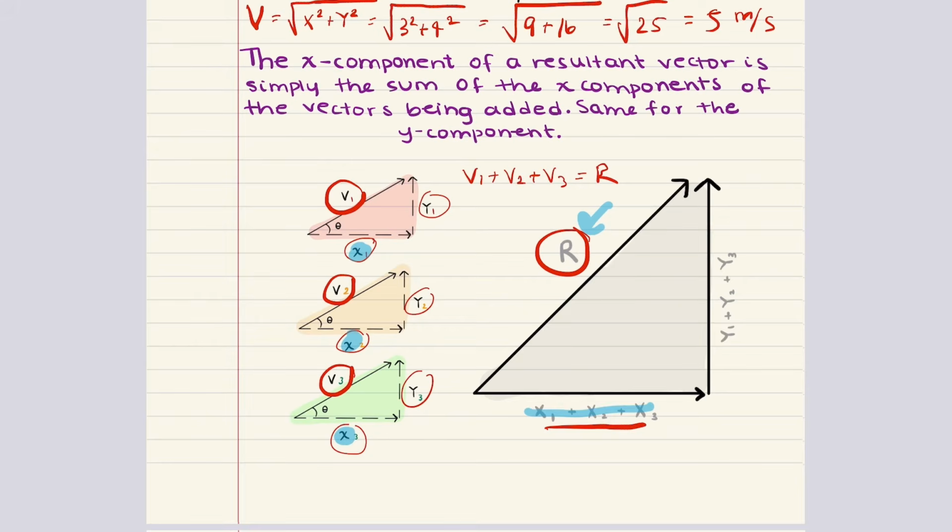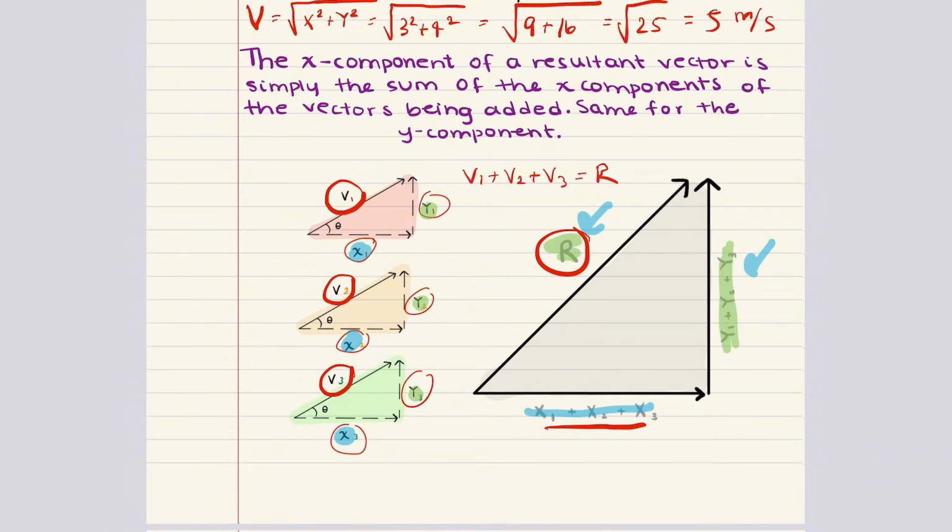Similarly, the y component of a resultant vector is simply the sum of the y components of the vectors being added. So it's going to be y1 plus y2 plus y3, and that gives us our y component for the resultant vector.